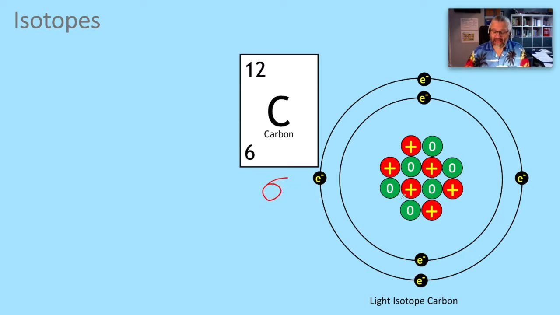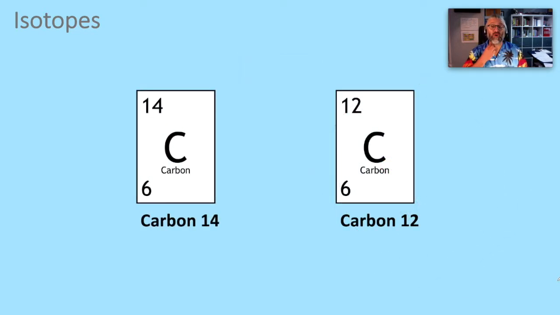So what makes one heavy and one light is that one has 8 neutrons and the other one has 6. That is why we call the heavy isotope of carbon carbon 14, because that total mass is 14, and the lighter version we call it carbon 12 because the mass number is 12.